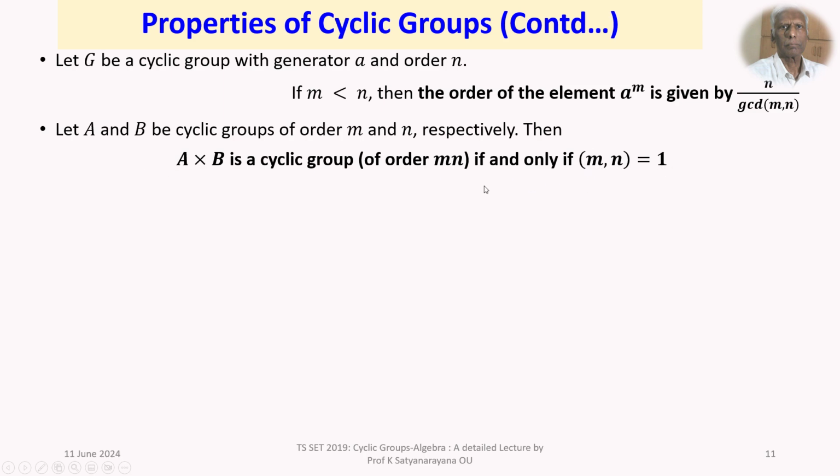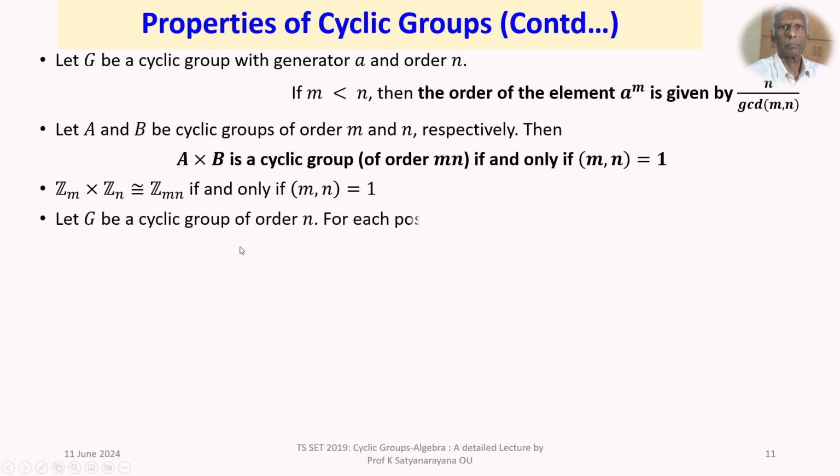It is very, very important. And now Zm is a cyclic group of order m, Zn is a cyclic group of order n. Zm cross Zn will be isomorphic to Zmn if and only if the GCD of m and n is 1. It follows from the above. This is also very important.